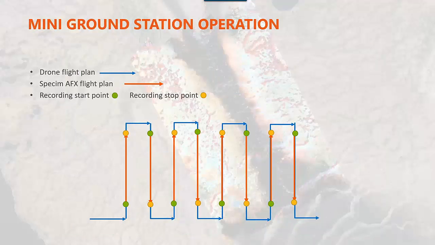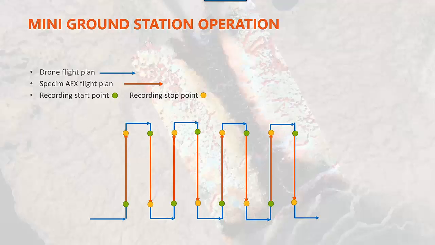For the automatic recording, we have the drone flight plan, which is shown in blue in this illustration. There is an overlapping Specim AFX flight plan on top of it, which includes the flight lines with starting and stopping points for them. So whenever the drone is executing the flight plan and it bypasses a green starting point, the recording starts.